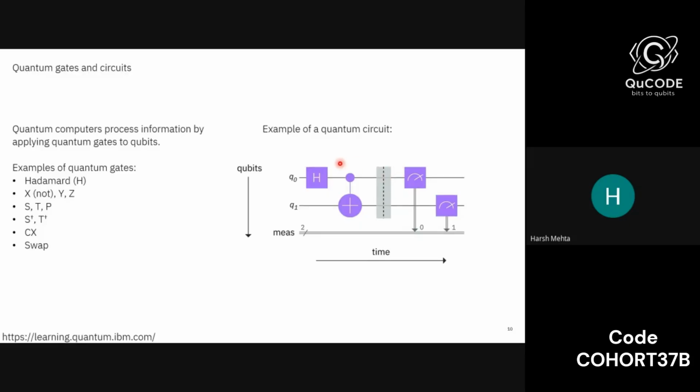To distinguish between quantum operations and measurement, we typically use this barrier, represented by these dotted lines. So as I was saying, this block represents a particular operation being applied on qubit 0.